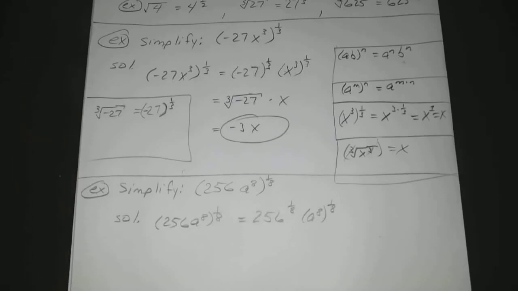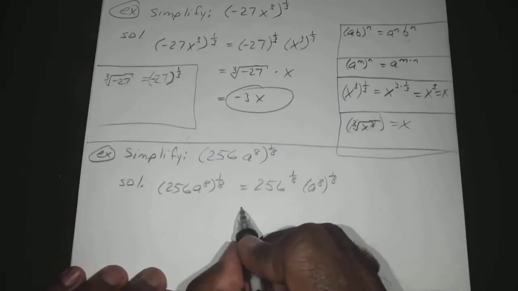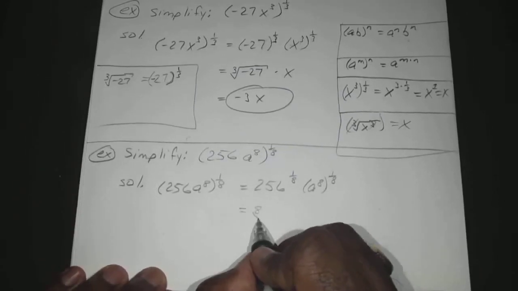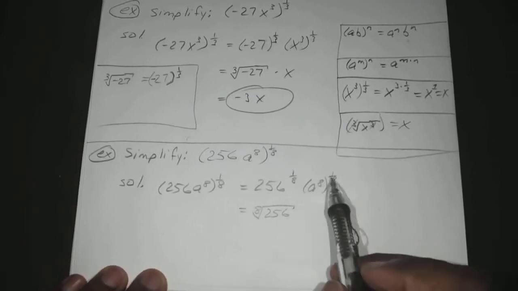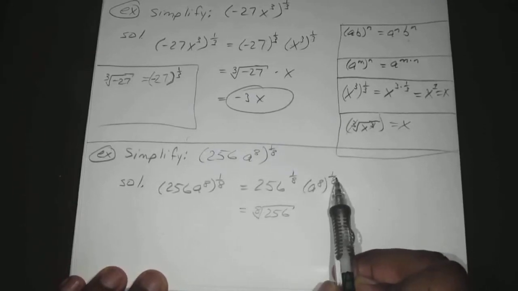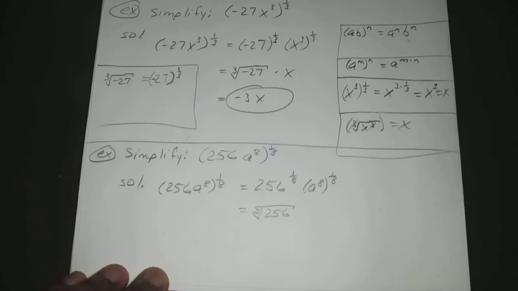And again, if you wanted to rewrite the 256 to the 1/8 power, you could, as the 8th root of 256. Remember that 8 times 1/8 is just 1. So whenever your denominator and your exponent match, they cancel each other out. So that's just times a.